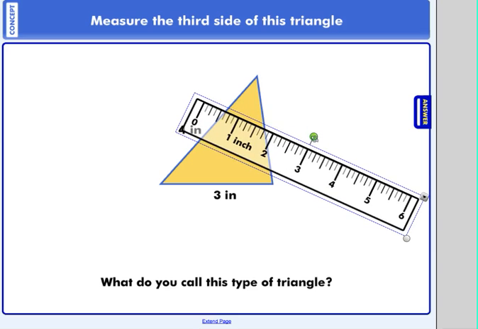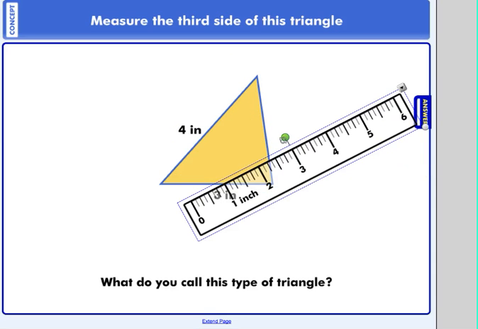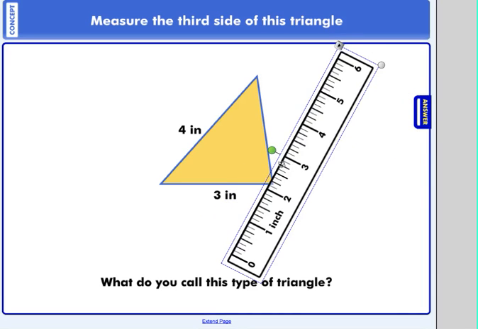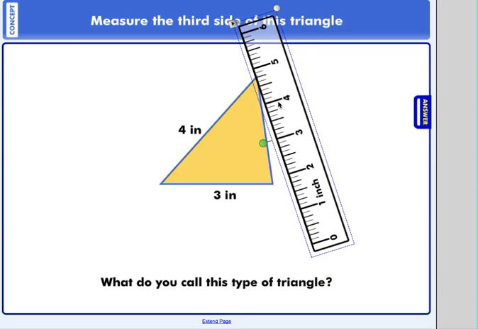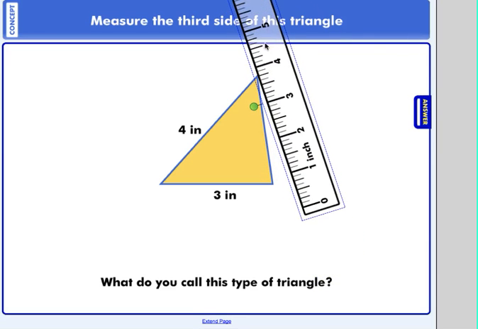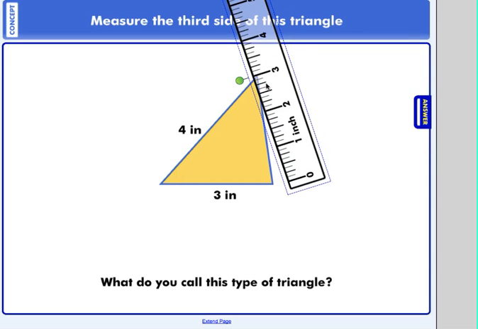Whoa, stop. Wow, that was kind of interesting. Okay, it's not going to cooperate with me. So let's get it as close as we can, and we can probably figure out. Looks to me like it's meant to be 3 inches long.